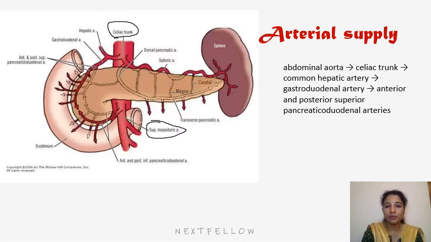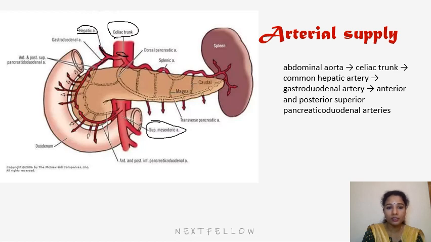So let's see the flow. We can see that the abdominal aorta gives rise to the celiac trunk. Celiac trunk will give rise to the hepatic artery and gastroduodenal artery, and the common hepatic artery goes towards the liver and stomach.